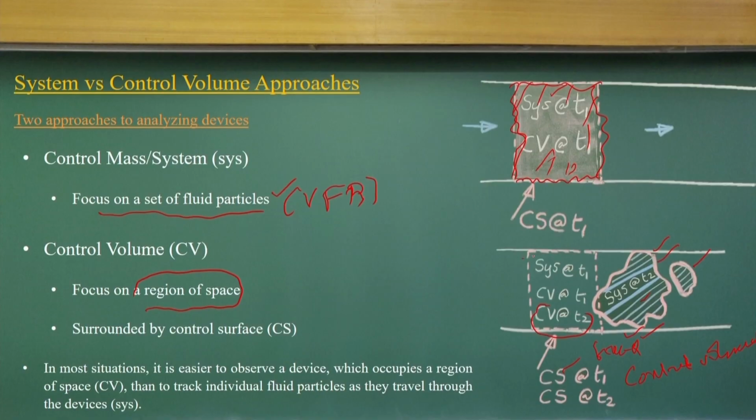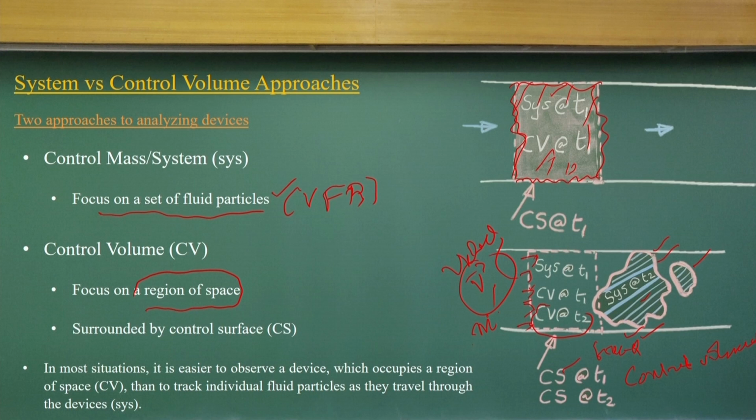Whatever is coming in and going out at the fluid particle level, we do not look at. What we look at is, because of these fluid particles coming into the control volume, what is the change in the velocity field, and the mass flux, how much mass is coming through the surface, the pressure gradient, momentum flux, and energy flux.